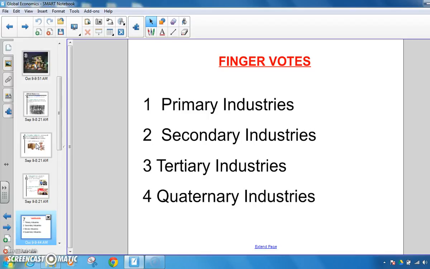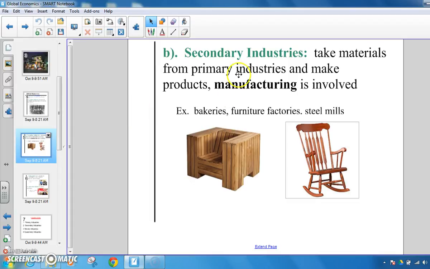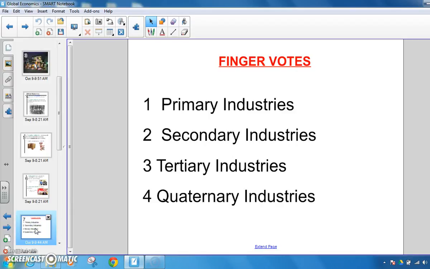If you're holding up finger number 2, or 2 fingers, you're correct with secondary industries. Awesome. That means somebody that's taking something and actually baked something or made something with it. If I told you somebody who drives a bus, like you come to school early in the morning, can you hold up 1 finger for primary, 2 for secondary, 3 for tertiary, 4 for quaternary, and take a look at those notes.